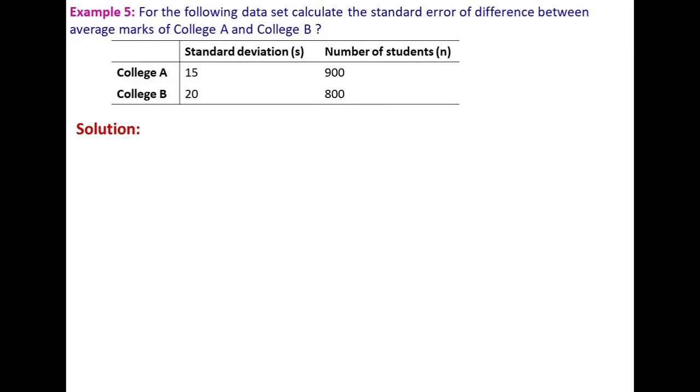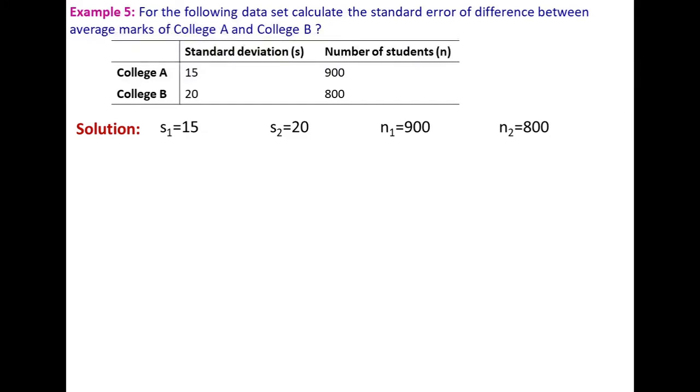For the following data set, we have to calculate the standard error of difference between average marks of college A and college B. As we knew that based on this data set, we can say that S1 is 15, S2 is 20, N1 is 600 and N2 is 800.